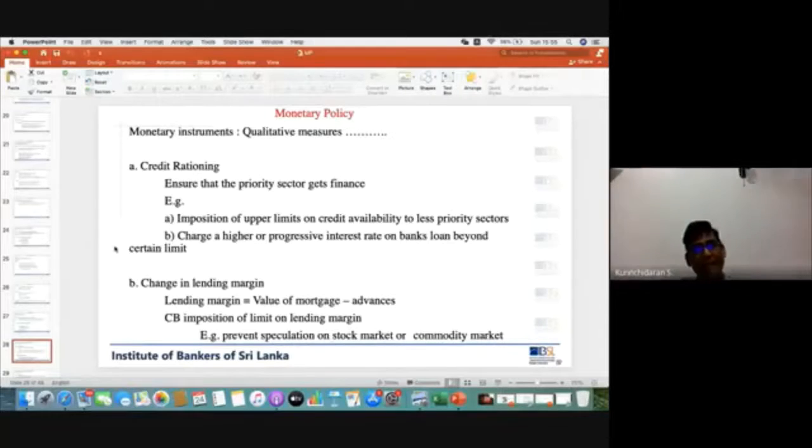Or if somebody is going to get a loan to invest in stocks, the central bank can say you can give only 60% of the stock value, right? So the central bank can control the credit creation, or credit availability.